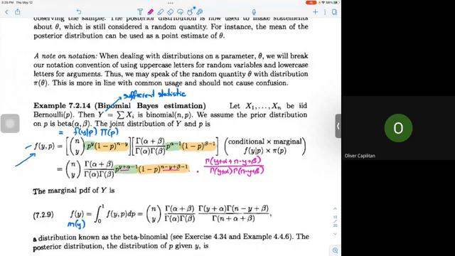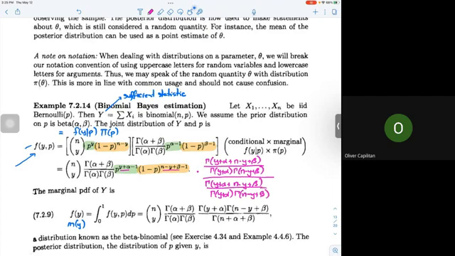And then you divide it by the same expression. So we have here gamma of y plus alpha plus n minus y plus beta divided by gamma of y plus alpha and gamma of n minus y plus beta.